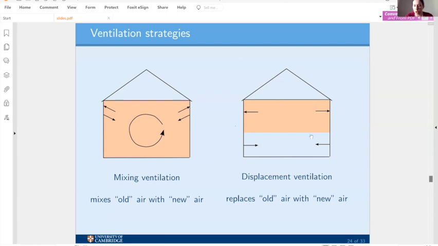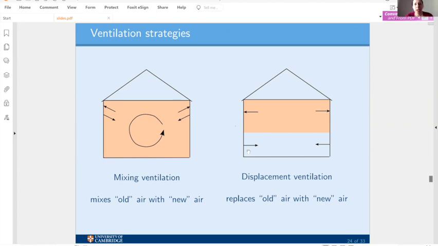And this is called the so-called displacement ventilation. Now, each of these strategies has its own advantages and disadvantages, and I'm not going to discuss this today, but I just would like to say that depending on the ventilation scenario that you would like to achieve, one or the other ventilation strategy might be more preferable than the other.